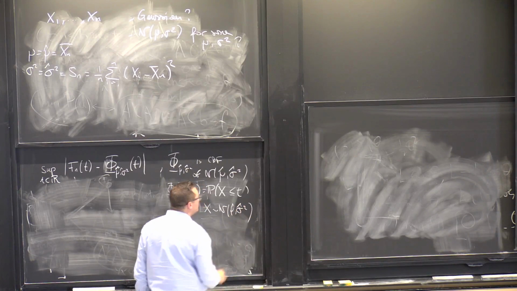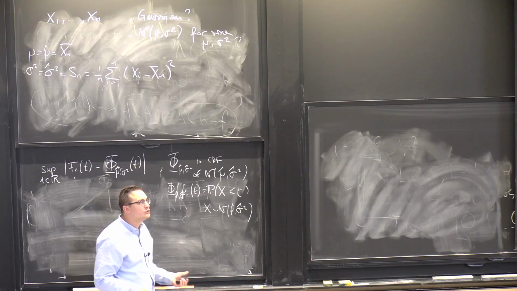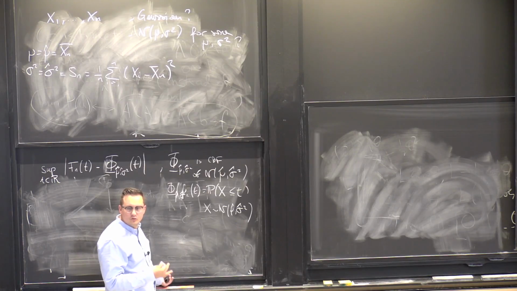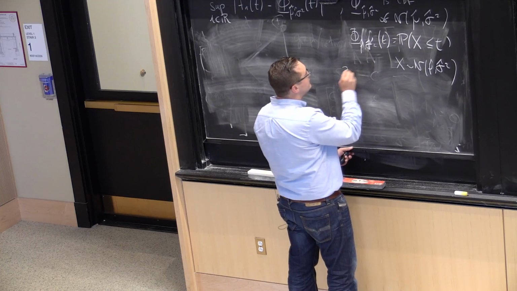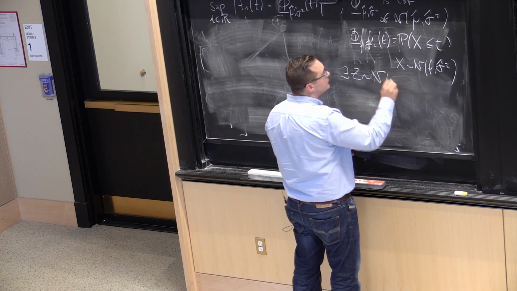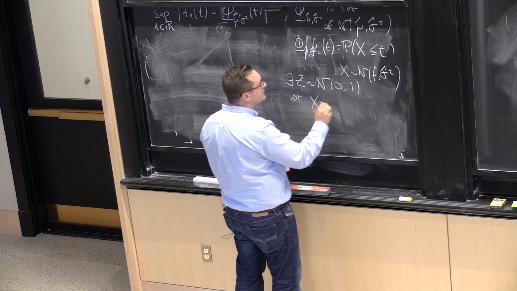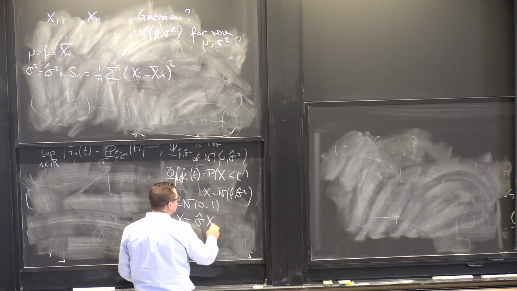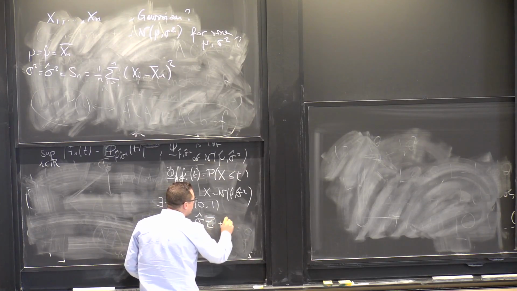So what it means is that by just the translation and scaling trick that we typically do for a Gaussian to turn it into a standard Gaussian, that implies that there exists some z, which is standard Gaussian this time, so mean 0 and variance 1, such that x is equal to sigma hat times z plus mu hat.